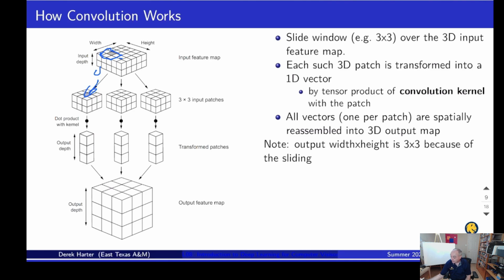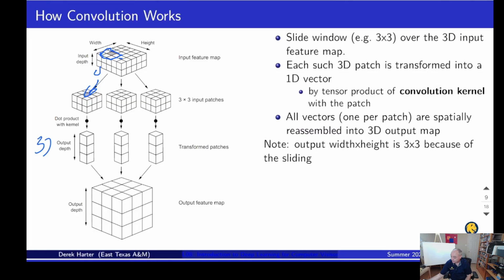If we ask it to do 32 filters, the result of that dot product with this 3x3 by 1, or 3x3 by 3 if we had 3 color channels, would be a single vector with 1 output for each one of the filters, right?